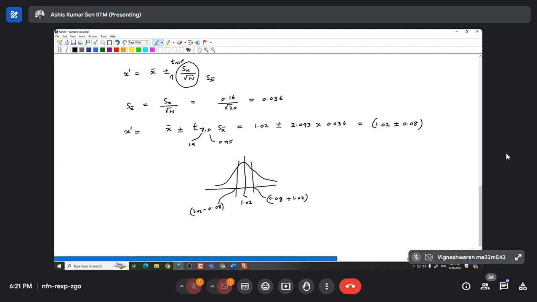It says that within this interval, the true mean x' would lie, and that probability is 95%. So the true mean is somewhere in between, and that probability is 95%.